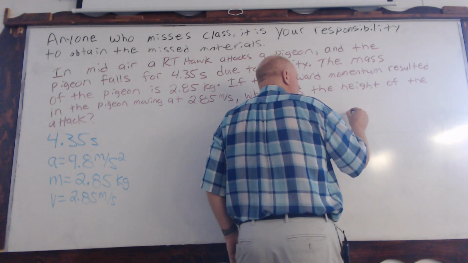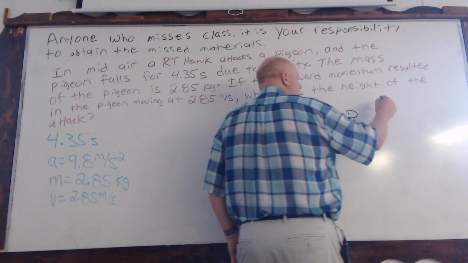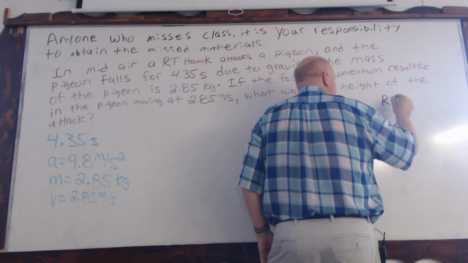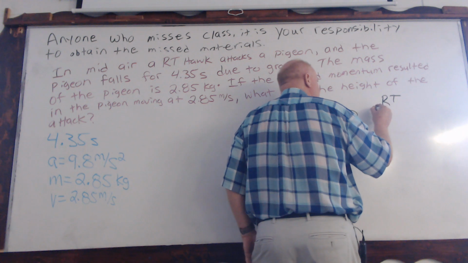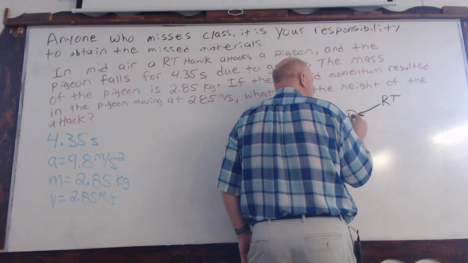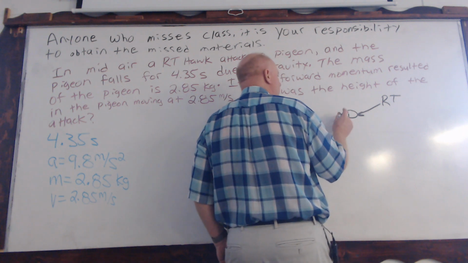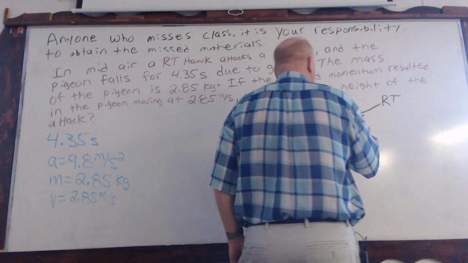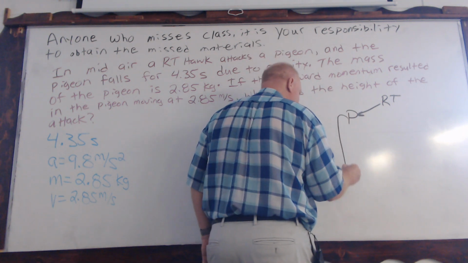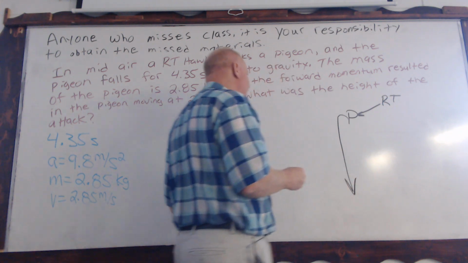If we have, here's the pigeon, and then here's our red-tailed hawk that's moving in this direction after the attack, it maybe moves forward at about 2.85 meters per second, then starts moving downwards due to gravity.